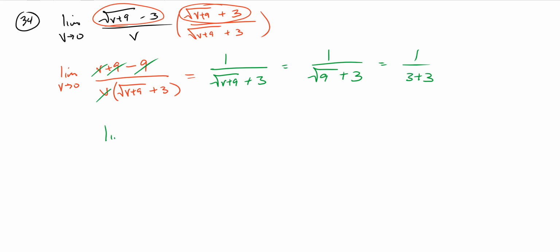So the limit as v goes to 0 of radical v plus 9 minus 3 over v is equal to 1/6. And I should point out at this point that the direction said to verify your limit on a graph. We could very easily plug any one of these functions into the graph. And for this one, as our table gets close to 0 for x, our y value should approach, in this case, 1/6.